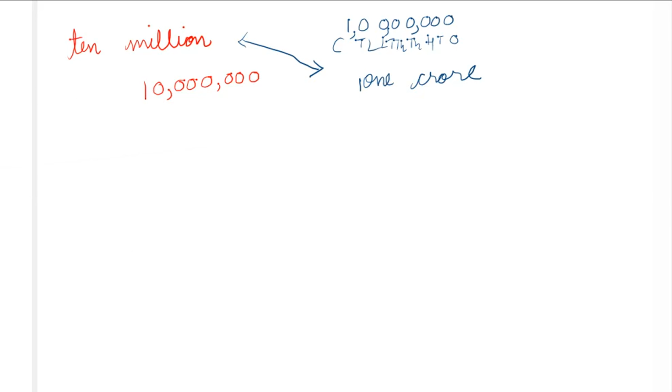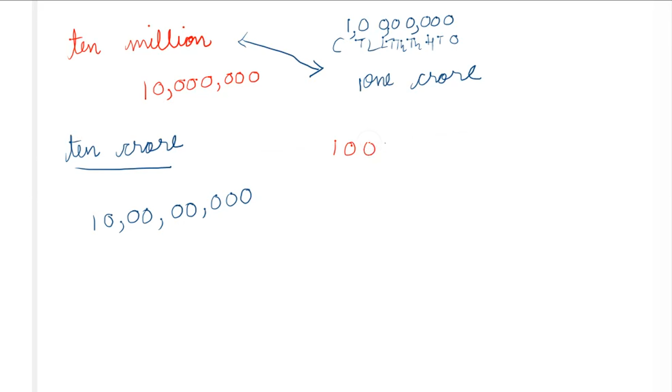Now we will do it the other way around. Let's take an example of 10 crore. We are going to check the value of a given Indian system number in the international system. So 10 crore, how will you write? Ones, tens, hundreds, thousand, 10,000, lakh, 10 lakh, crore and 10 crore. The same number we will write here without any commas.